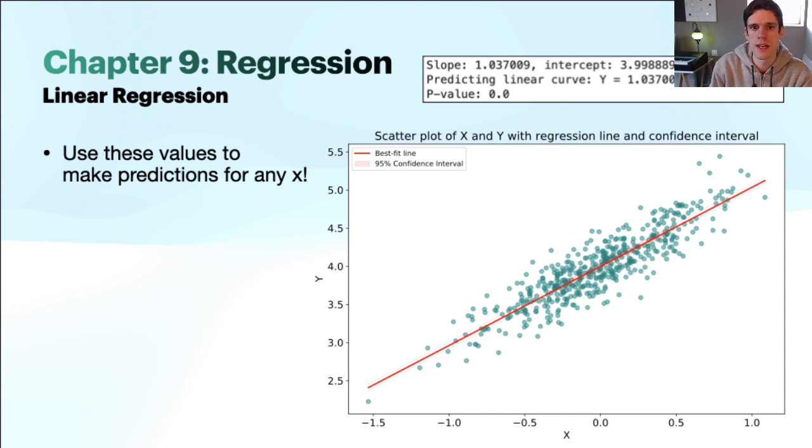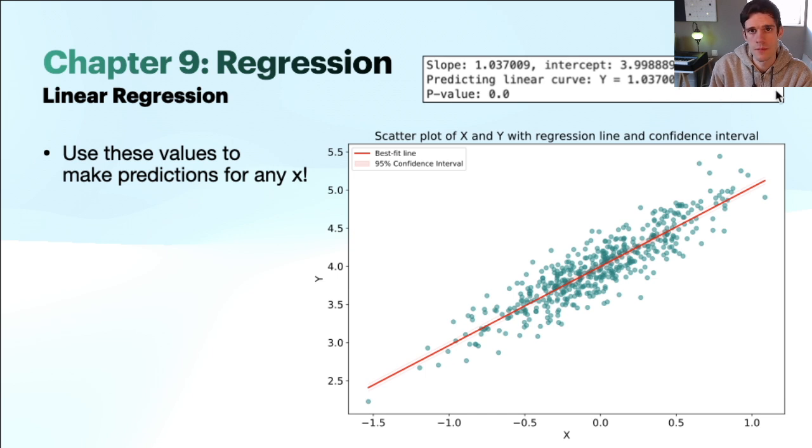Now this means if we are given a new value of X, which wasn't present in our original dataset, for instance here we don't see any point at, let's say, minus 1.4, we can nonetheless predict a new value for Y, which means a value of Y that we expect to correspond to such a value of X.